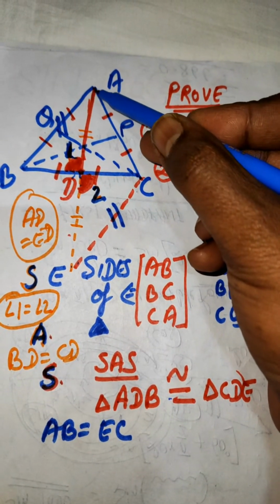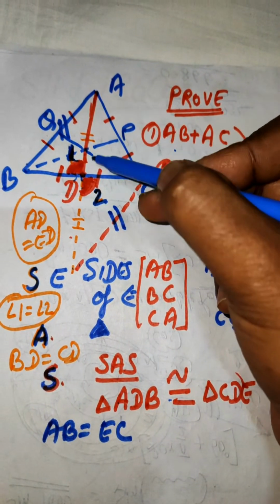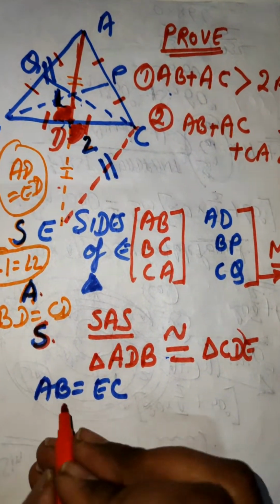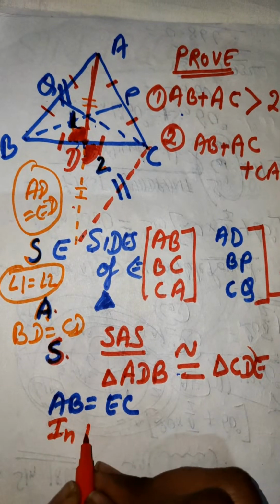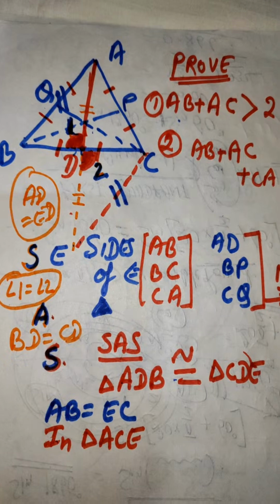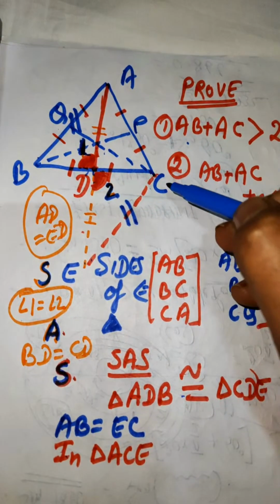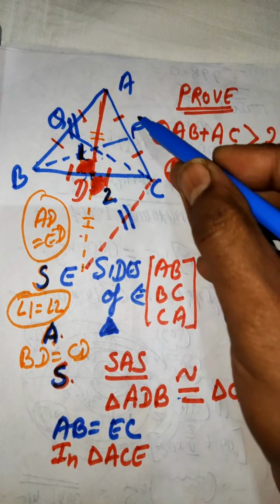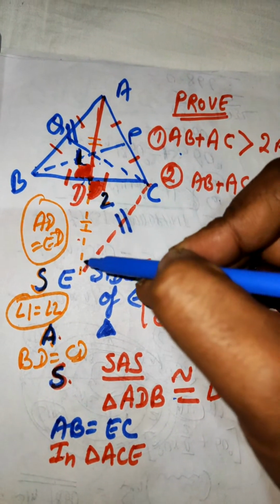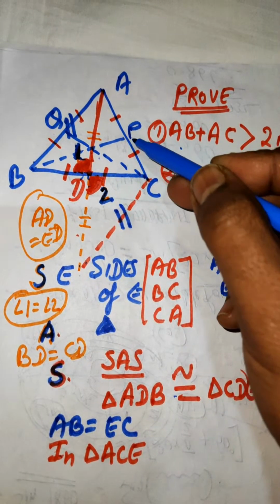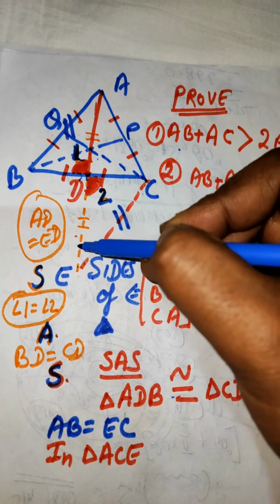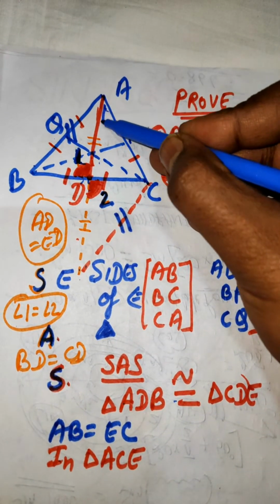Consider this triangle ACE, the bigger one, this one. So I am writing, in triangle ACE, what will happen? We will write AC plus EC is greater than AE. Why? Because the sum of two sides is always greater than the third side of a triangle. So I am considering this triangle, this one.